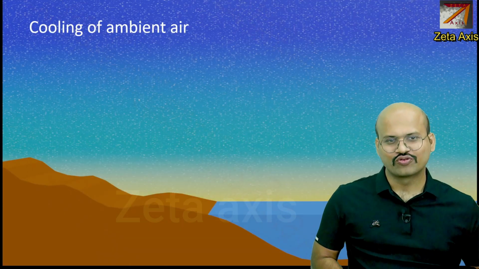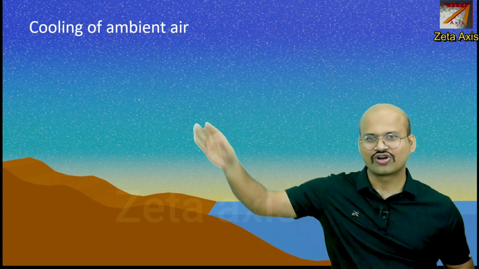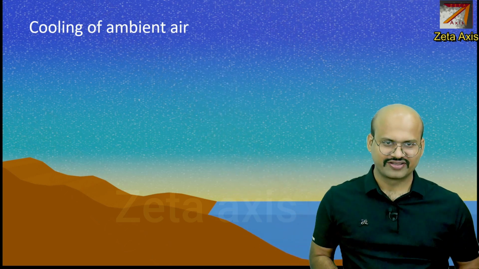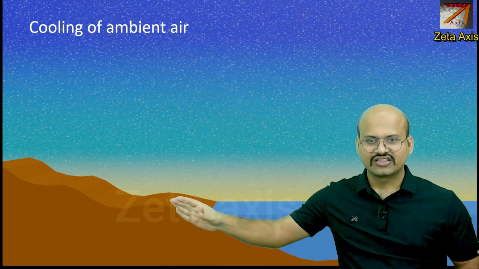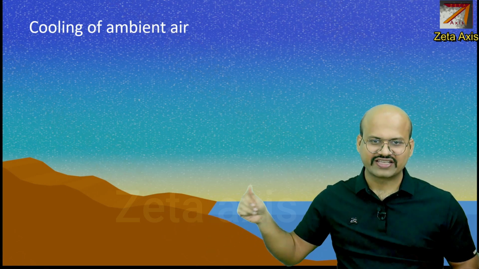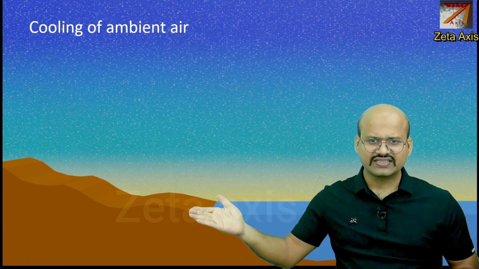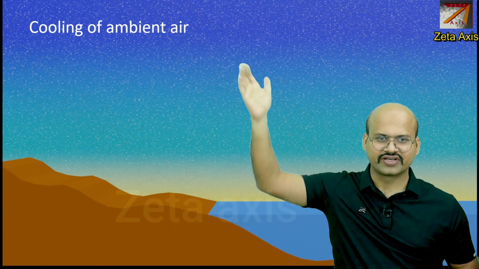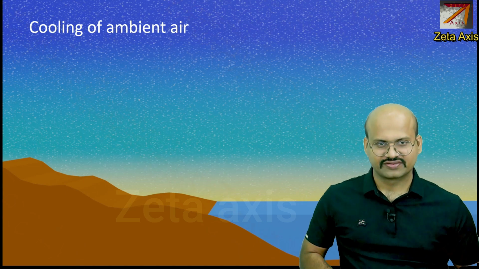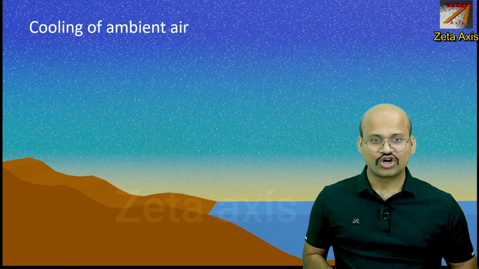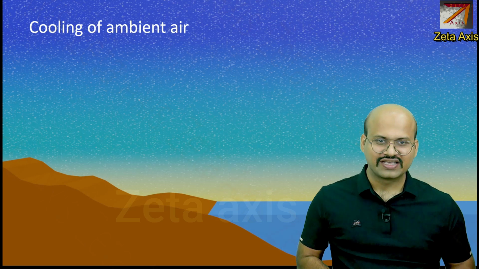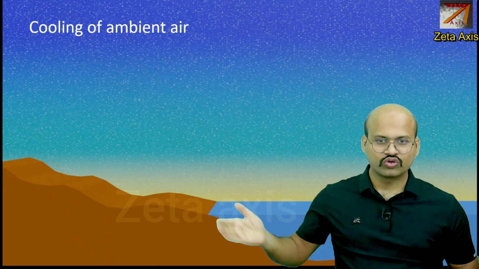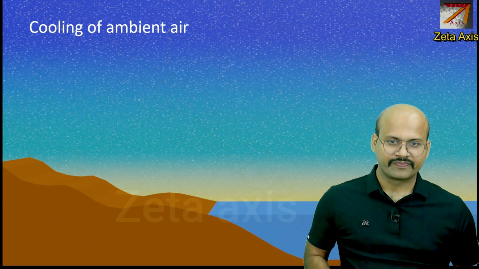The next type of cooling of moisture occurs by cooling of ambient air, that is the surrounding air. So here you can see that the region which is closer to the land has a higher temperature, and as we go up in the atmosphere, the temperature decreases. Now during the night or due to some climatic condition, the region closer to the earth also gets cold.